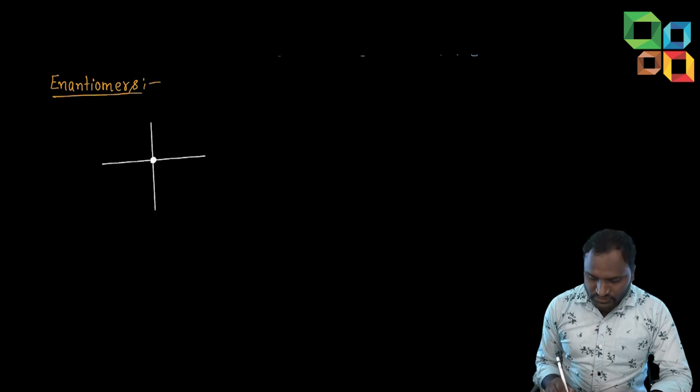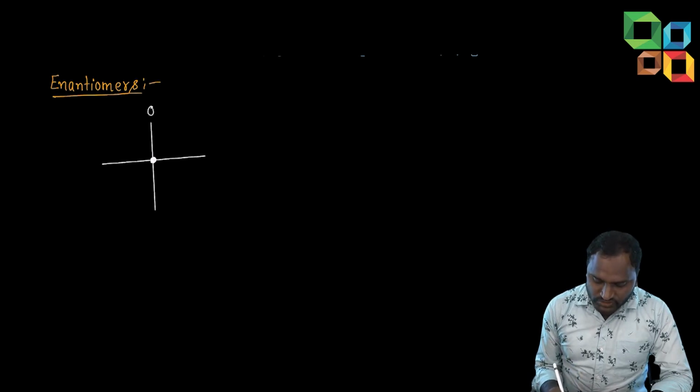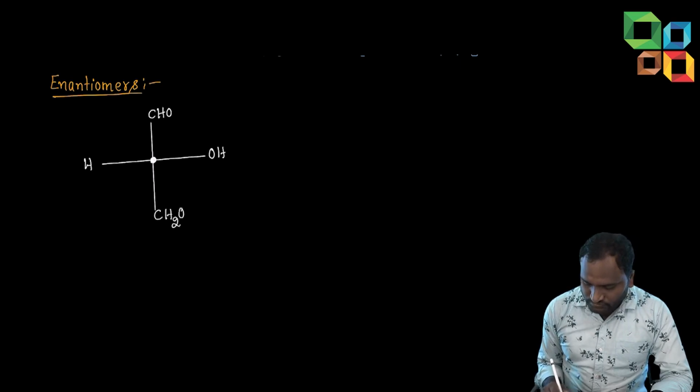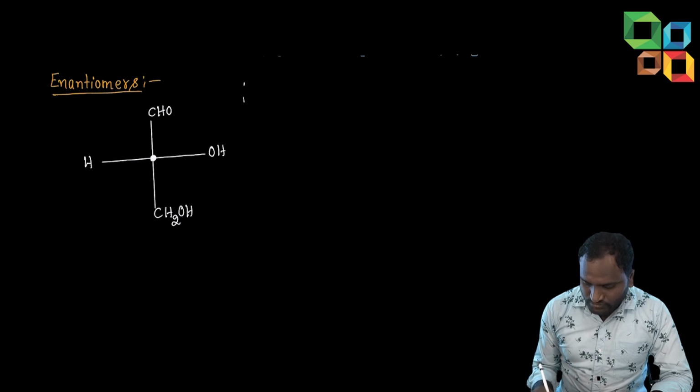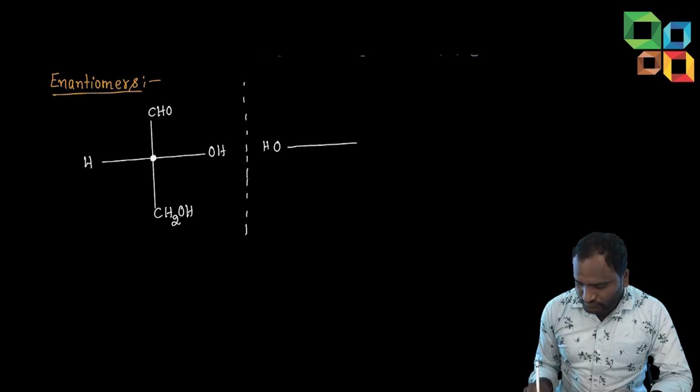Here CHO is there, OH is there, H is there, CH2OH. This is a mirror, students. I am keeping a mirror. Here OH, and here it will be hydrogen.